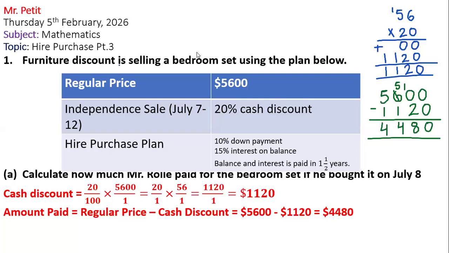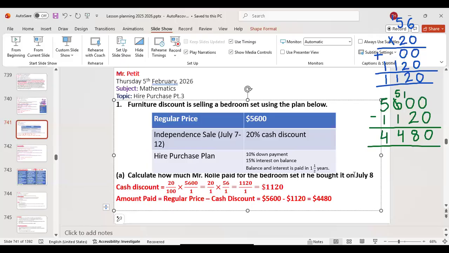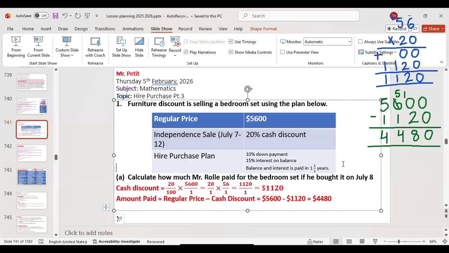Amari, explain how we got this answer step by step. Start with everything. I want to know how we got everything. So for the cash discount, you put 20 over 100.